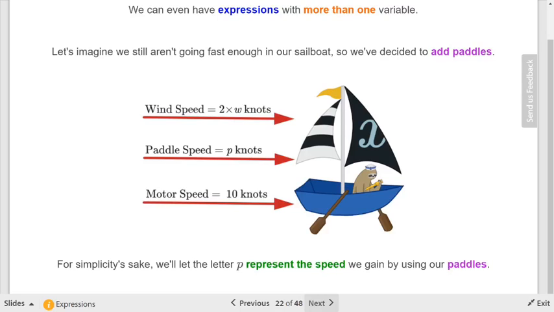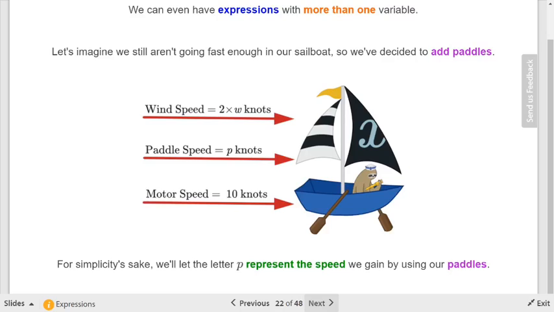No way. You might start off strong, and then you get tired fast, right? So it's never going to be constant. They use W for wind speed, P for paddles, and the 10 comes from the motor. And 2 sails is how they're doubling the wind.